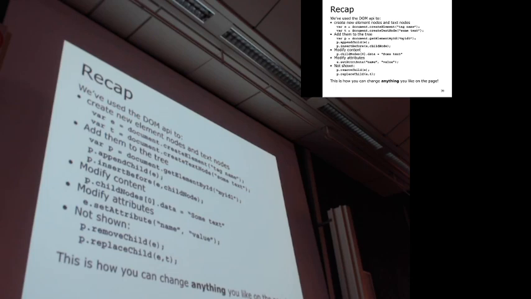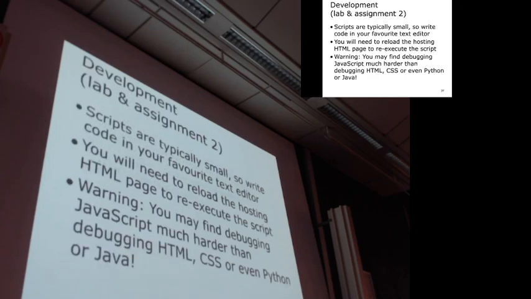So just by looking at this simple example, it shows you how to change anything on the page, because you could do this trick that we did for the ordered list on any arbitrary element in your tree. That basically allows you to change whatever you want. So I think that's a very powerful thing that you can do.